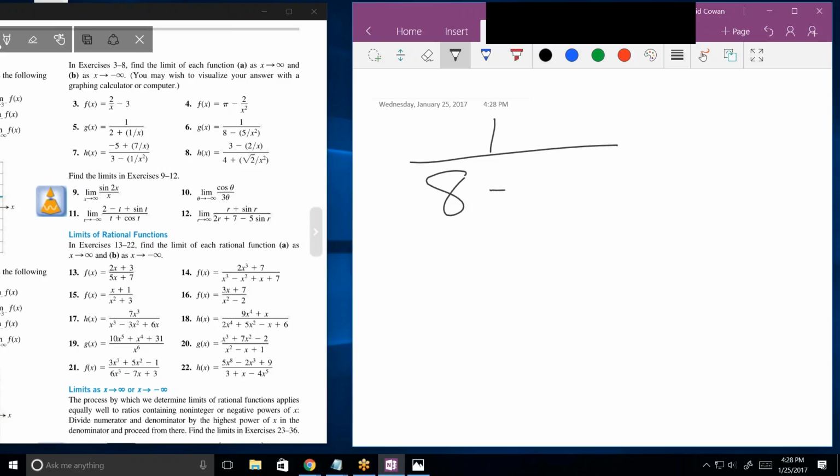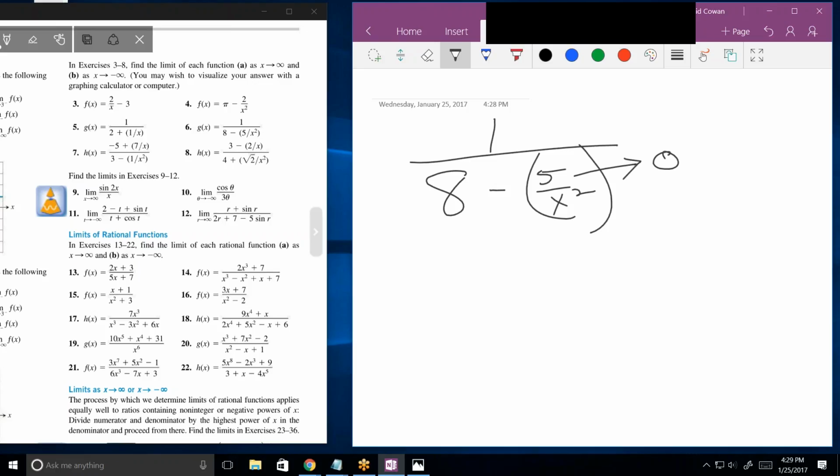That's pretty easy. Yeah, it's real easy once you get the hang of it. What's this go to as x goes to positive infinity? 0. No. So it'd be 1 over 8. This part goes to 0. But the rest of it goes to 1/8. Correct. You see why?